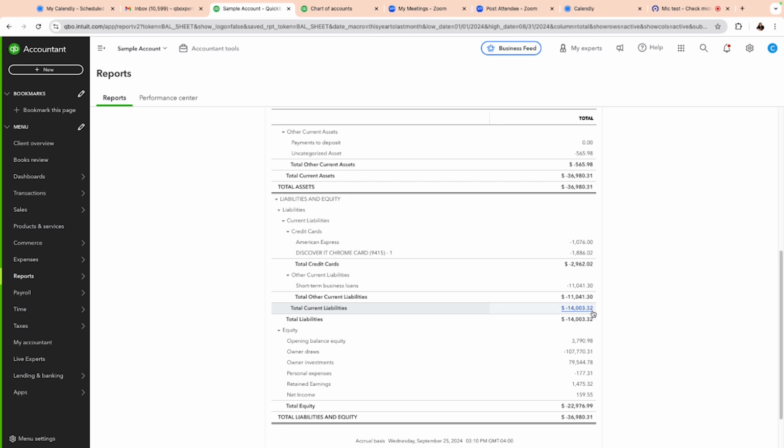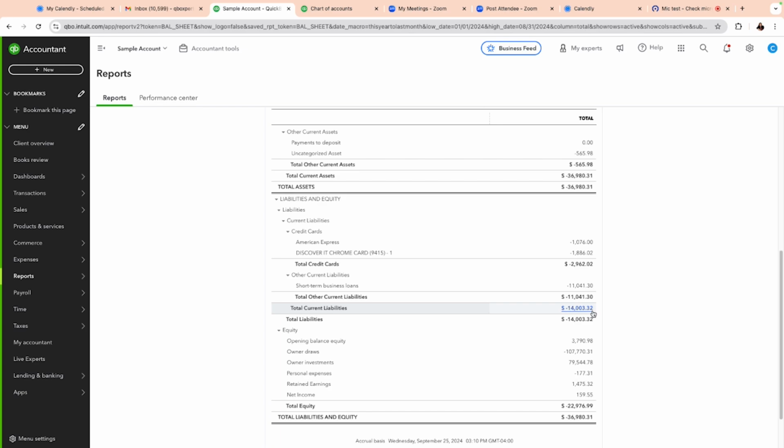So even if it is a separate business, and you have expenses on this business for another business, and there are two separate entities, that goes to owner's draw as well, or personal expense, or owner's equity. And that is because we want to keep the expenses from another business on another book, not here, right?